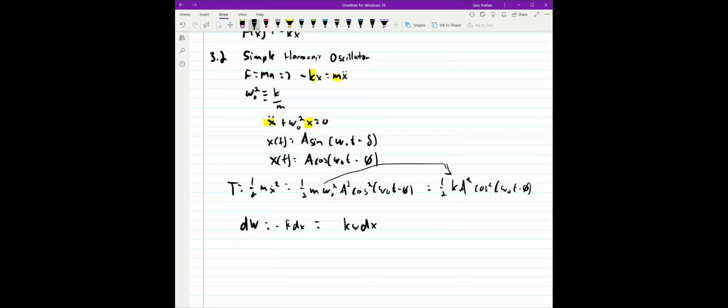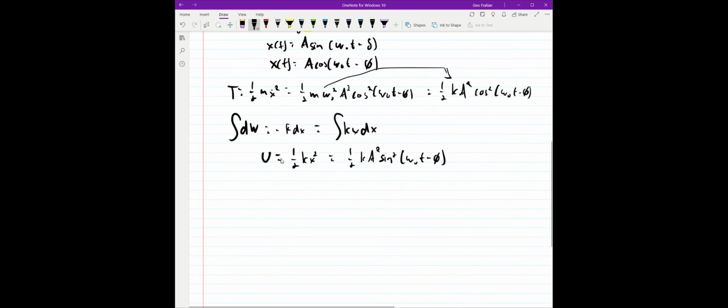Well, what do you do then? You integrate with respect to x. So we get work, which is the potential energy, because that's equal to the potential energy. Well, that's just 1/2 k x squared. And that's a formula you're probably very familiar with, which is the same thing as 1/2 k A squared sine squared of omega naught t minus phi. Okay. So now we can combine for the total energy, right?